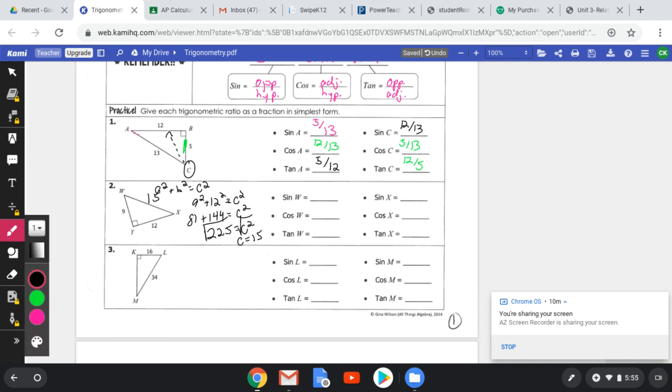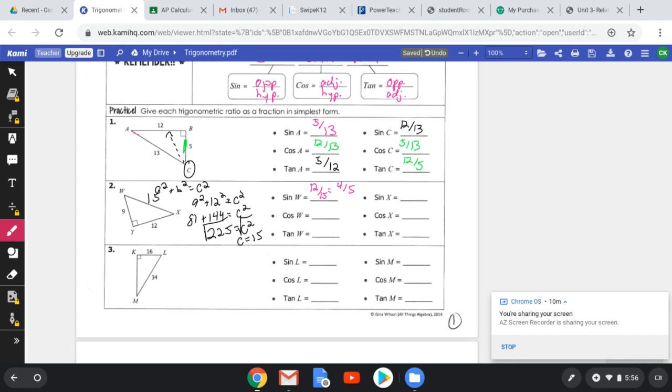To find sine of W, W is here. It's opposite over hypotenuse, so it's 12 over 15. But in this case, 12 over 15 can be simplified to 4/5. As it says there, just like you did in algebra, you always want your fraction in the simplest form.